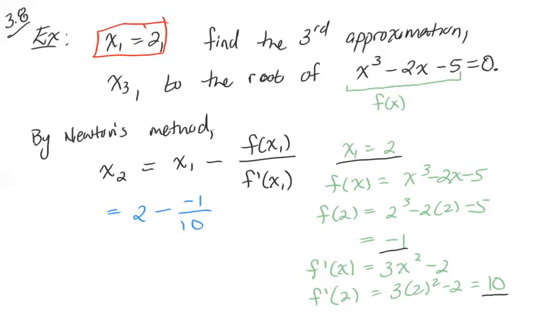Okay. So if I put that into my calculator, I get 2.1. That is my second approximation. I need to use that to find the third approximation. So this is x2.